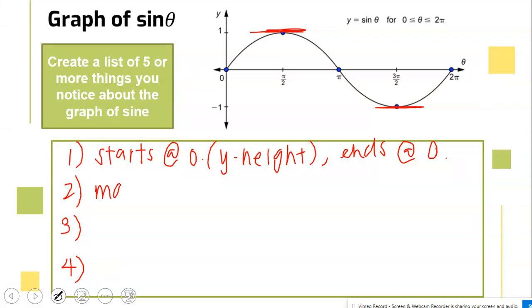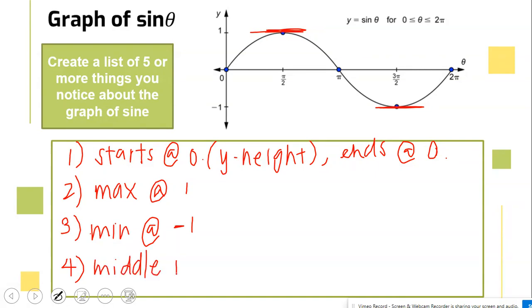So it has a max at 1 and it has a minimum at -1. You might notice that the middle of the graph is at pi, and that has a height of 0.